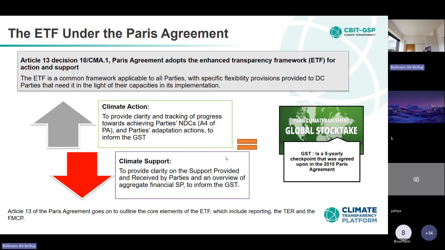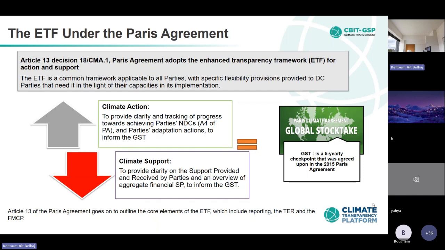It also has two main purposes, one related to climate action and one to climate support. The first one is to provide clarity on NDC progress tracking and adaptation actions, and the second one is to provide clarity on the support provided and mobilized by developed countries and the support needed and received by developing countries.